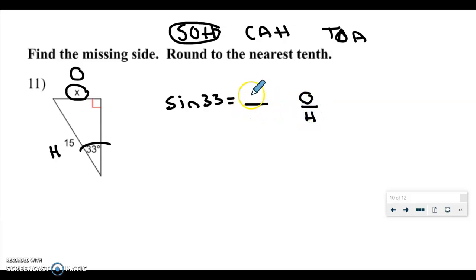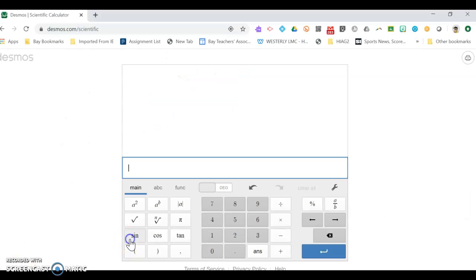So in this case, it's going to be x over 15. Okay, so what we're going to do is use my handy dandy calculator to find out what the sine of 33 is. I'm going to press sine of 33, and I get a numerical value of 0.545.